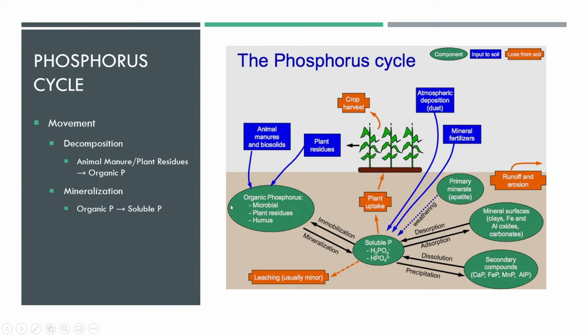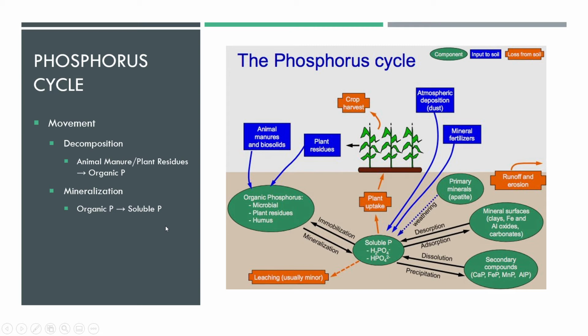Different bacteria, different microbes are going to take that phosphorus and stick on some hydrogens and some oxygens onto it to make it soluble. So we have organic P being transformed into soluble P.